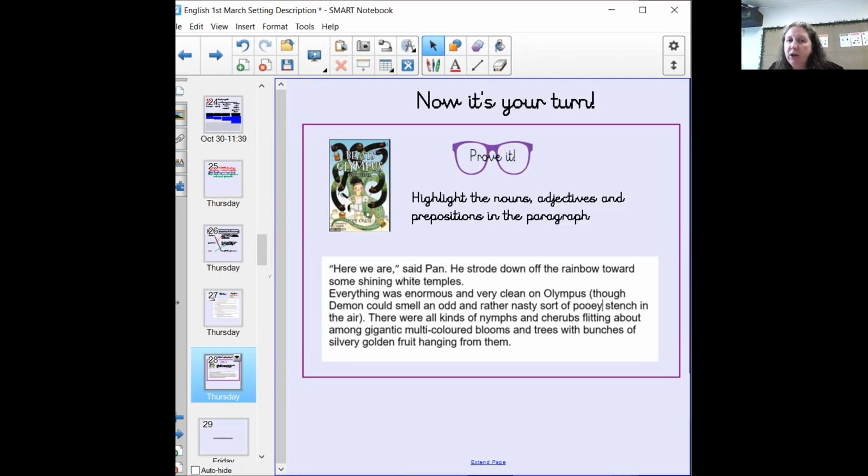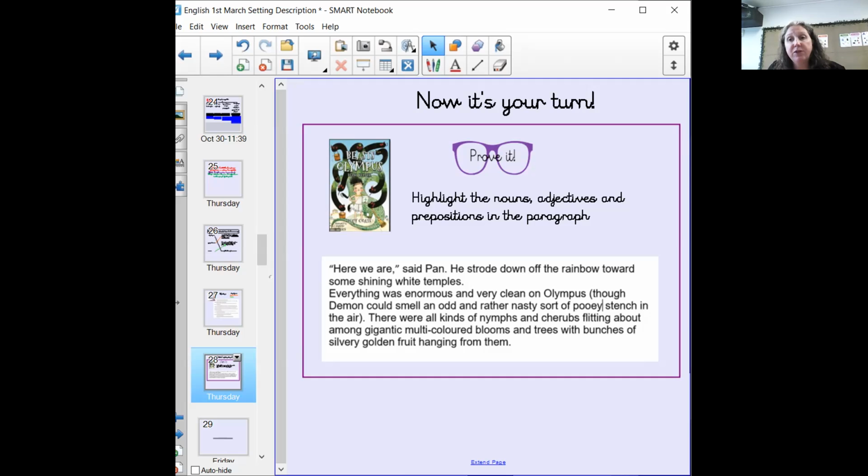Okay, so what you are going to do is go through that and highlight, colour in or underline, it is up to you, the nouns, the adjectives and the prepositions. I suggest you do those in different colours so that you can see the word groups.